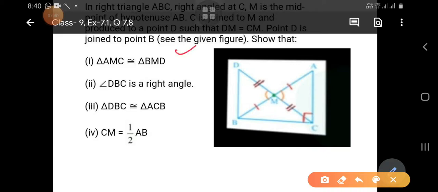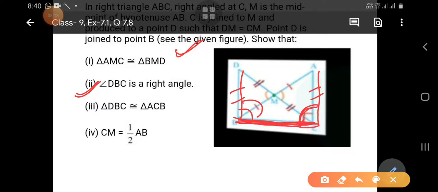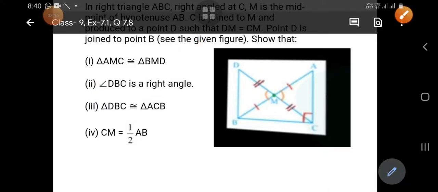In the first proof, we can say that this side is equal to this side by CPCT. Again, this angle is 90 degrees and this angle is also 90 degrees, which we have already proved, so these two angles are equal. Now you can see the side BC is common. So we can say this side, this angle and this side are equal to this side, this angle and this side. So the side angle side criterion is fulfilled here.